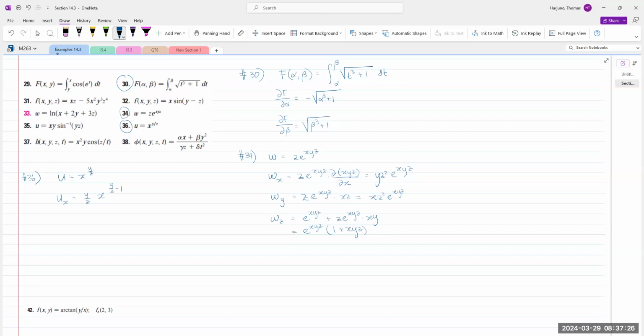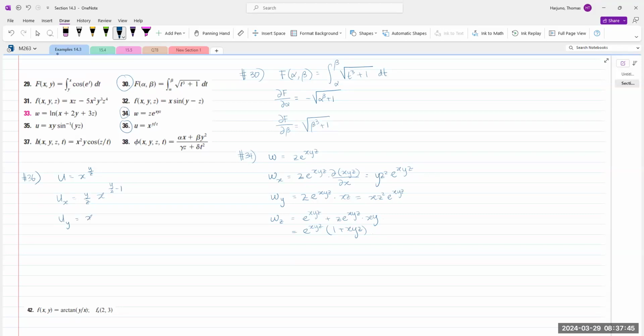Because x is the variable and the exponent y over z is the constant in this case, right? Okay, now how about partial of u with respect to y?